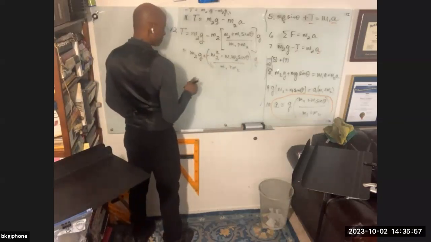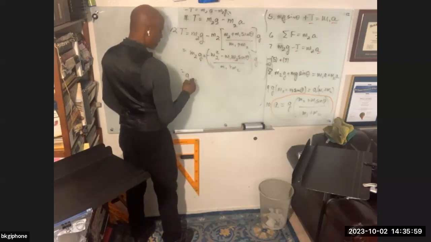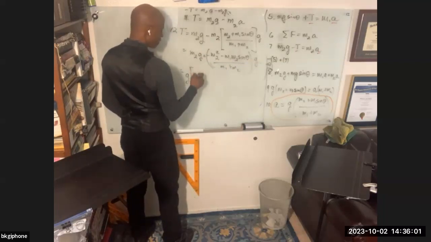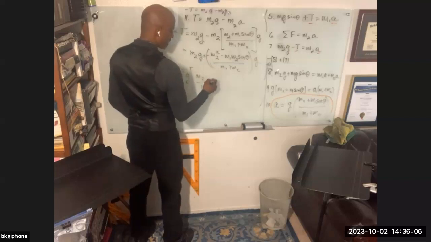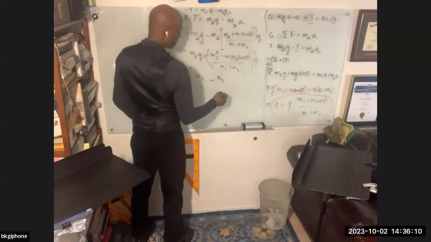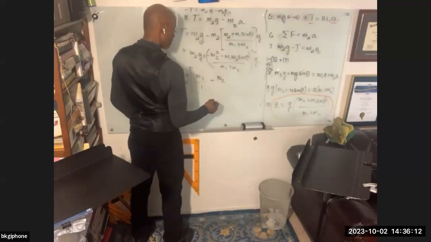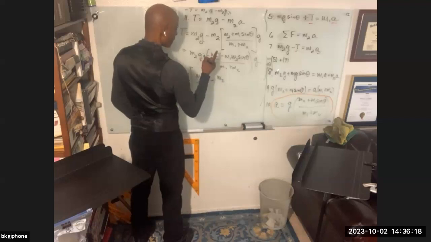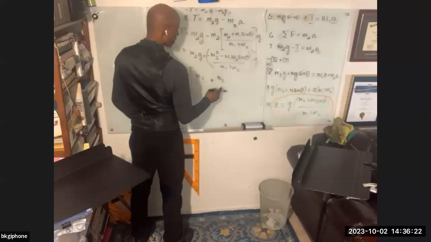Well, factoring out the g, I have m2 over 1, plus and a minus is a minus, m2, am I doing that right? I'm not actually. That might have been something that threw you off. I should have probably kept it like this.